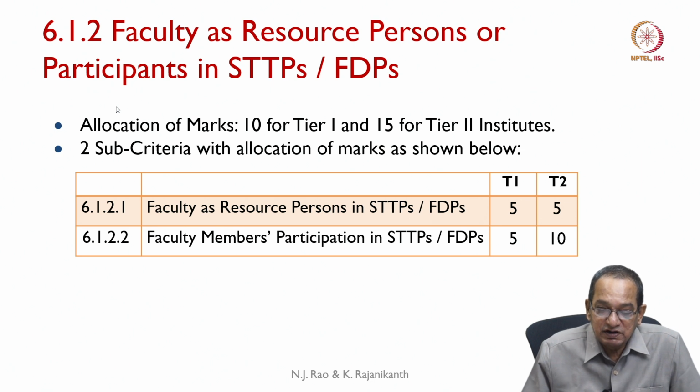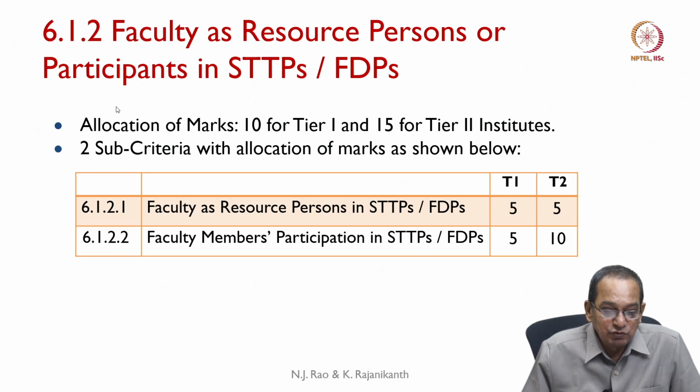However, as I mentioned earlier, it is 15 for Tier 2. That is, 5 marks of 6.1.3 have been added to 6.1.2 of Tier 2 institutes, making it 10 plus 5, 15. Otherwise, the nature of what this sub-criterion says is all the same, only the marks are different.